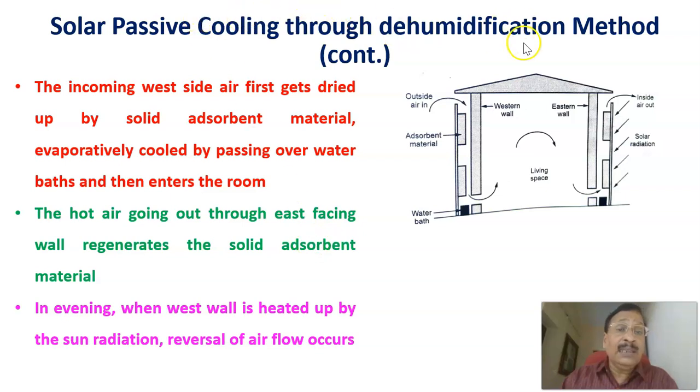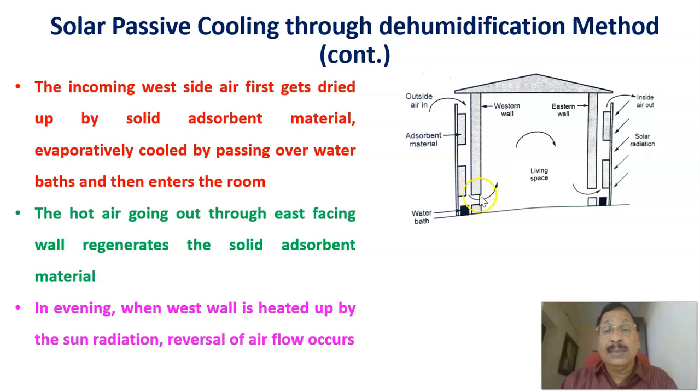The incoming west side air first gets dried by the solid absorbent, and is evaporatively cooled by passing over the water baths, and then enters the room. The absorbent is there, the water bath is there, and the air gets cooled here.